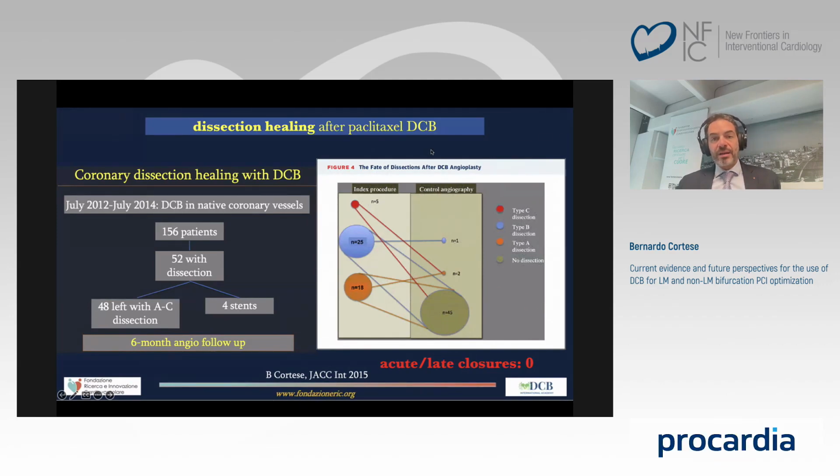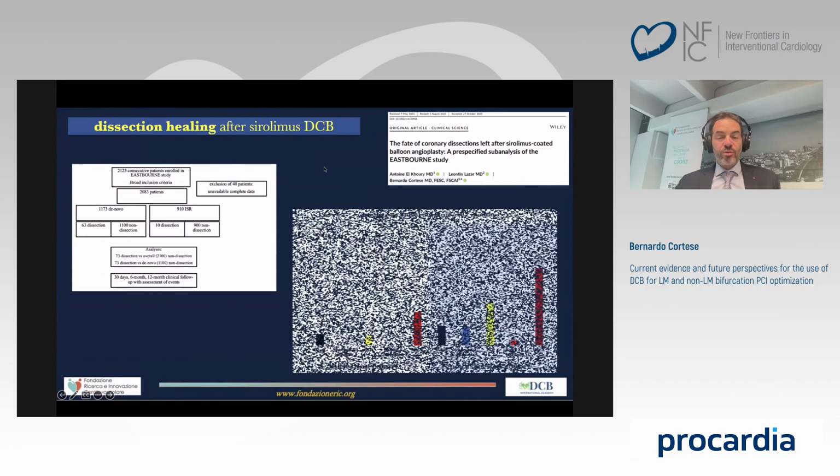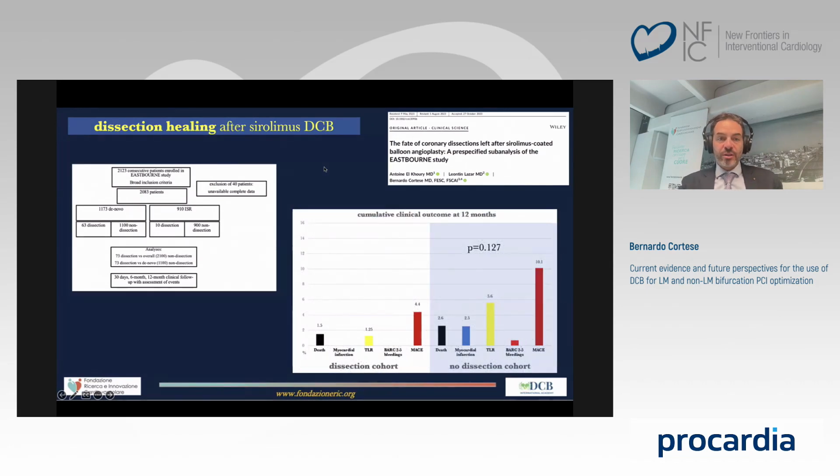In the case of paclitaxel, but also, as we recently showed, in the case of sirolimus-coated balloon. This is a sub-analysis of this study showing how a dissection left after sirolimus-coated balloon is not associated with an increase in adverse events or in late closure of the vessel.